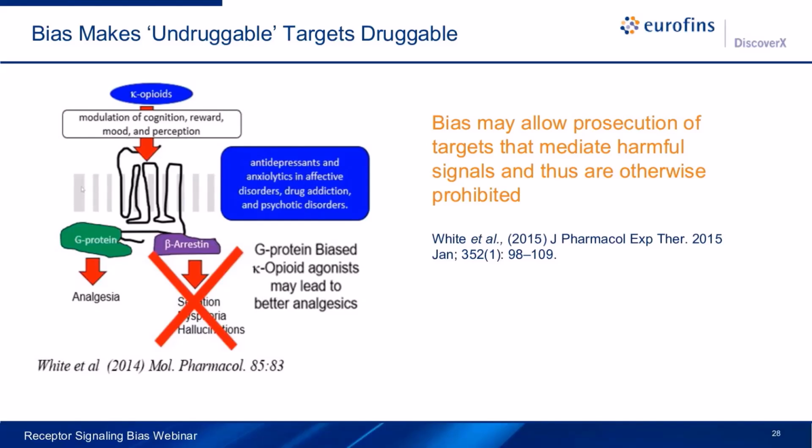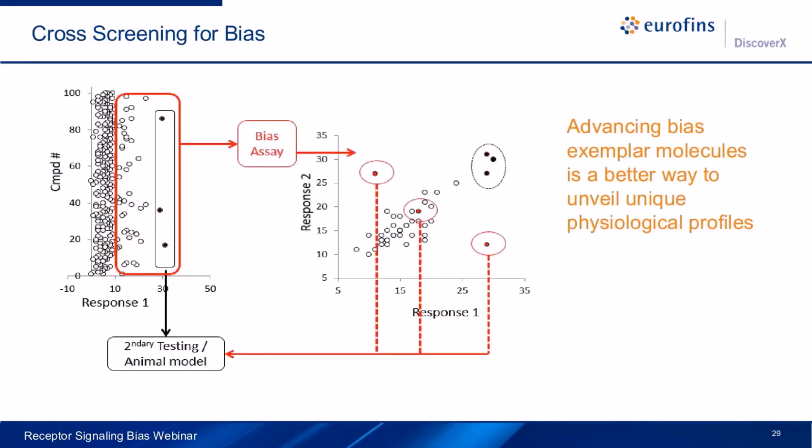Kate showed that that was probably due to the interaction with beta-arrestin. So if you could get a biased compound away from that, you might have a useful kappa opioid agonist that you could use therapeutically.